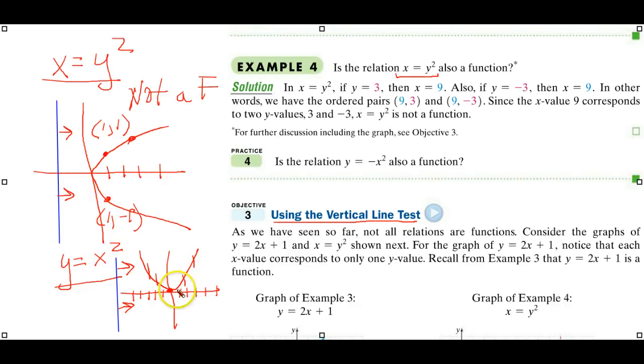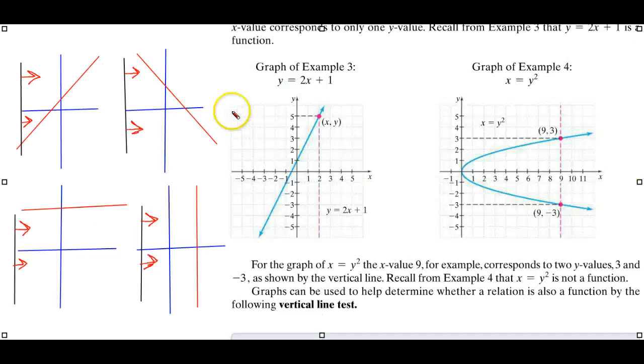So we say this passes the vertical line test and is a function. And we'll see it right here too. So here our black line is the vertical line test that we're going to move over this graph. Does it intersect this graph, which is the sister of this one, in more than one place at a time? And it's no. So this passes the vertical line test and is a function.